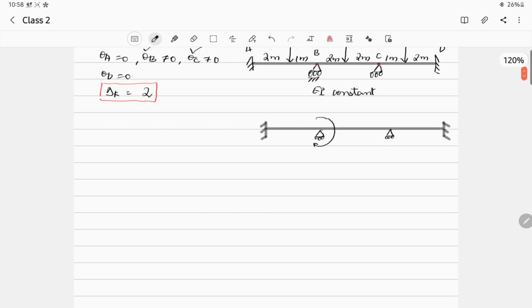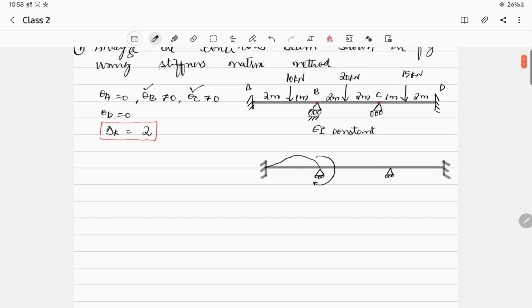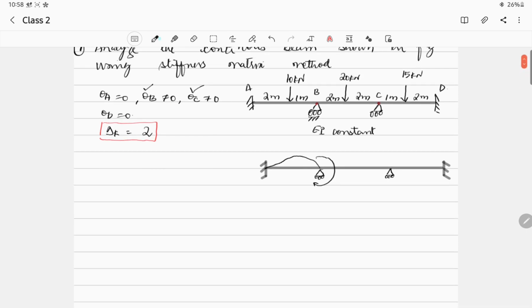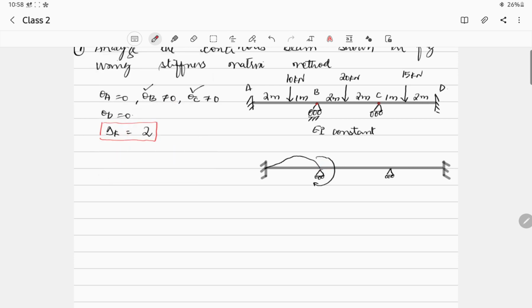Once you rotate this support, what will happen to the beam? My beam will try to get rotated in this fashion. If I apply a clockwise moment over there, my beam will try to get deflected in this fashion.